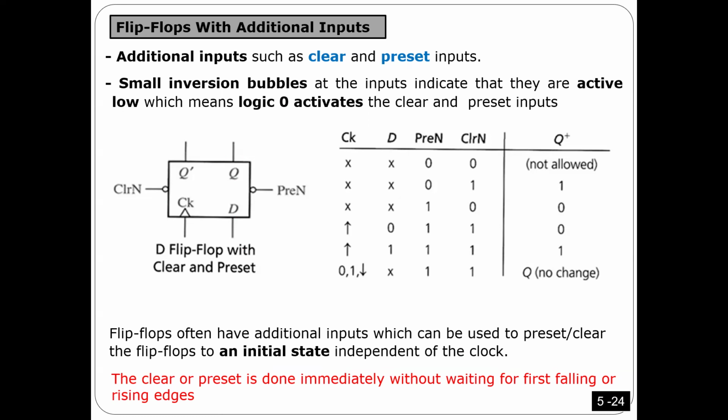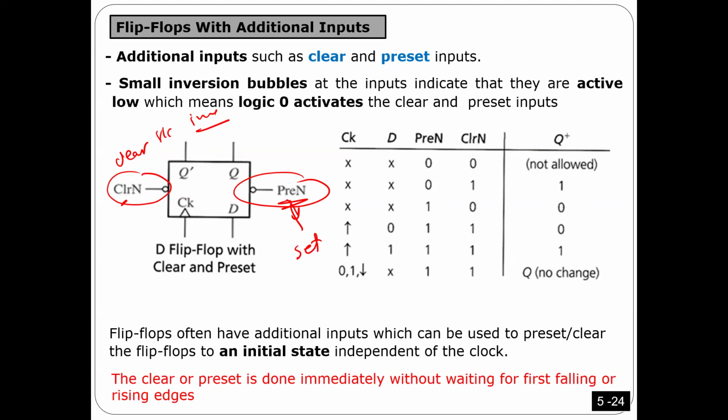But for initialization, usually in the very beginning, I want to start from 0. So that is why we have here 2 inputs. One input here, we call it clear, and one input here, we call it set. So this one is going to clear the flip-flop immediately, no clock, immediately. And this one is going to set the flip-flop immediately.